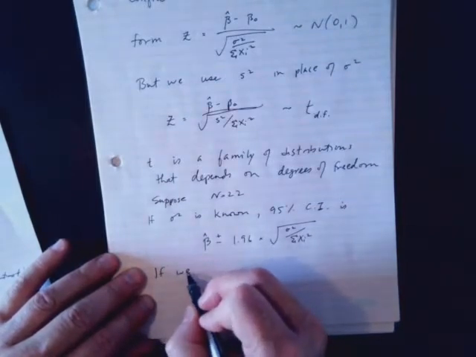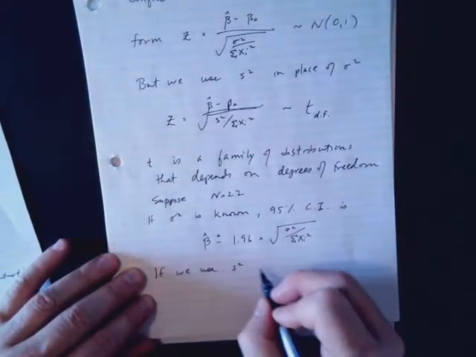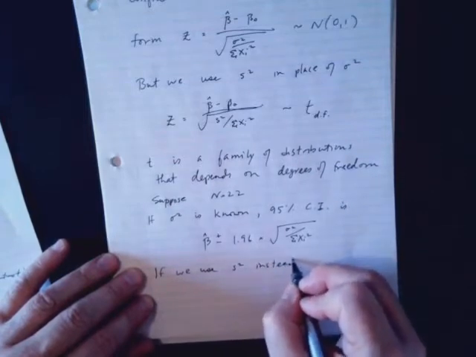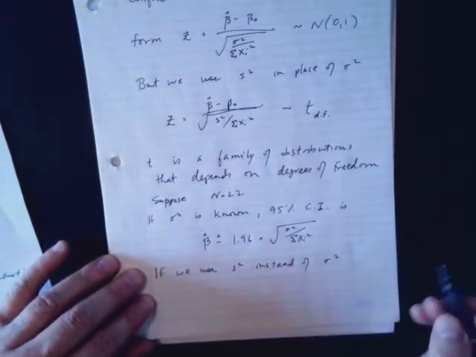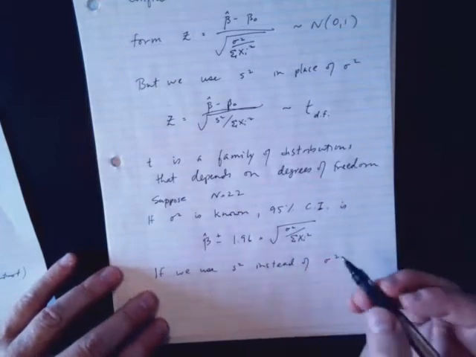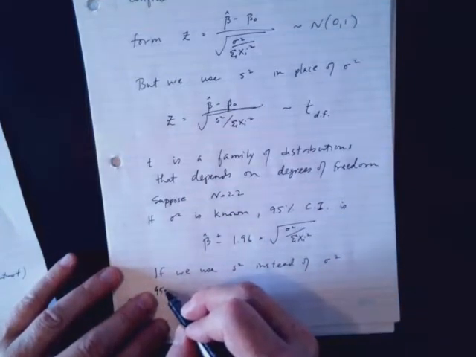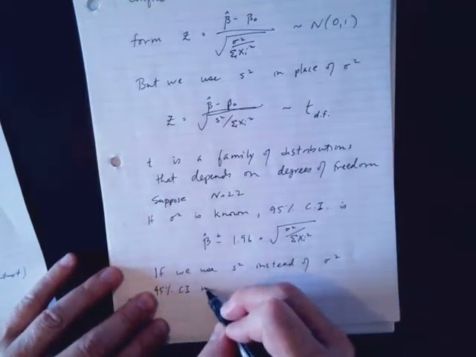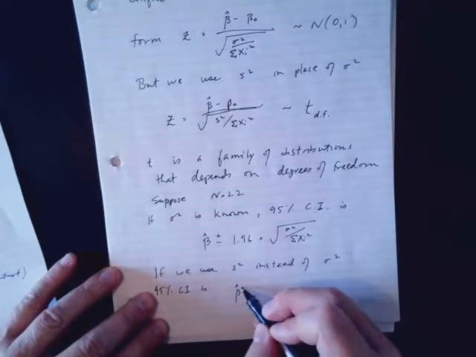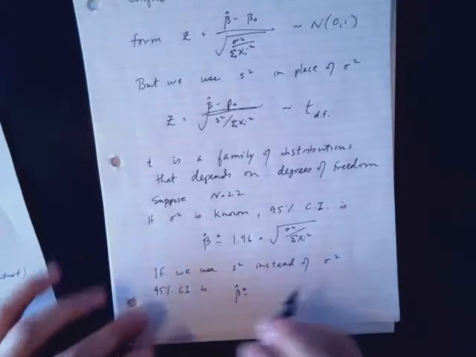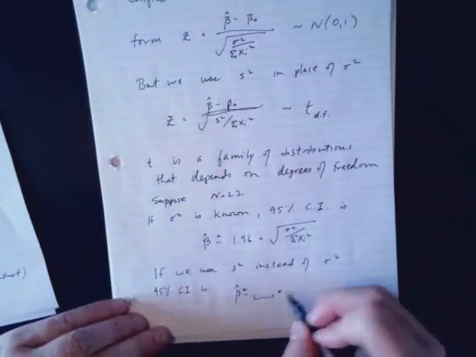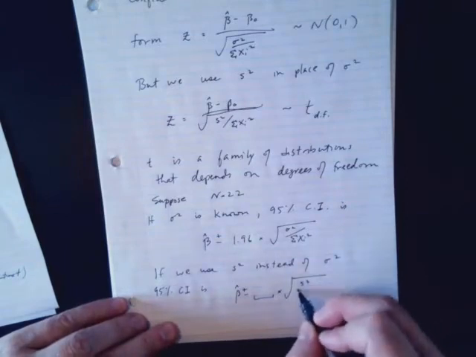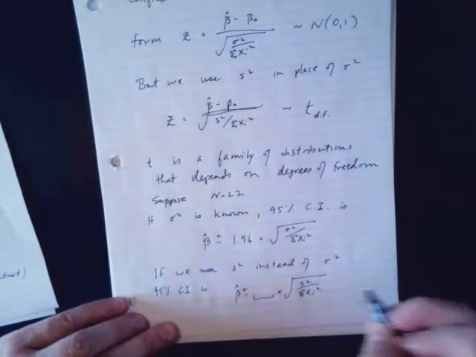If we use s squared instead of sigma squared, then the 95% confidence interval is beta hat plus or minus something, I'm going to leave it blank for a moment, times the square root of s squared over the sum of xi squared. Now what goes in there?